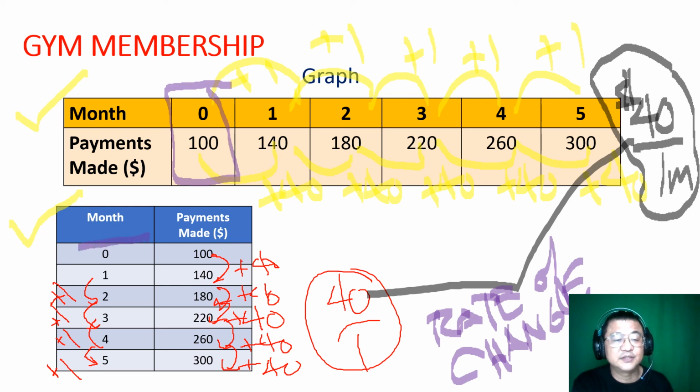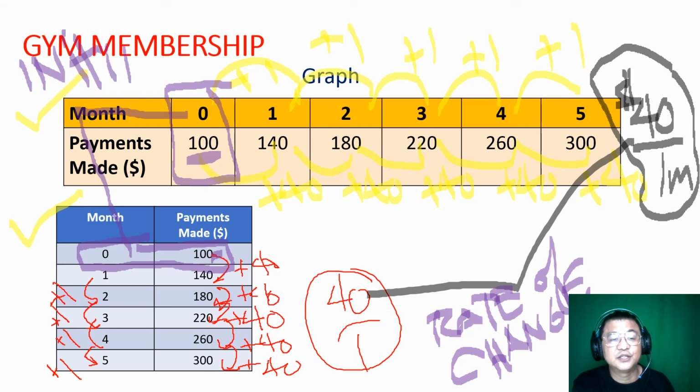When x is equal to 0, when the input is 0, okay, and the result will be what? 100. Even though you haven't started anything, you haven't started a month of gym membership, that is now called your initial value. Okay, initial value. Initial value is the value of the output when the input is 0, and that is 100.